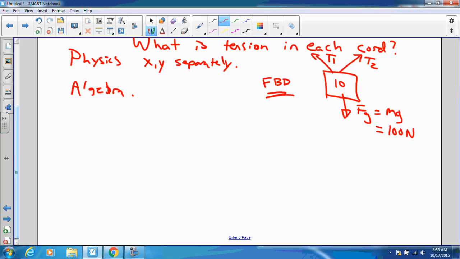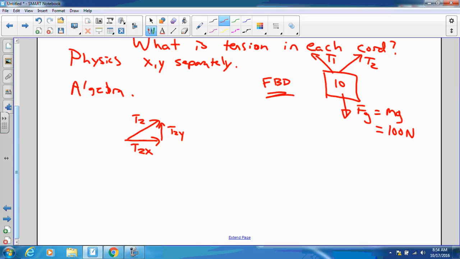AP exams got really picky about what they will accept and what they won't accept for free body diagrams. In particular, they were really fussy about how components could show up. The reason is that they had a large number of students taking forces like T2 and breaking T2 into components, and leaving all of them there on the diagram.